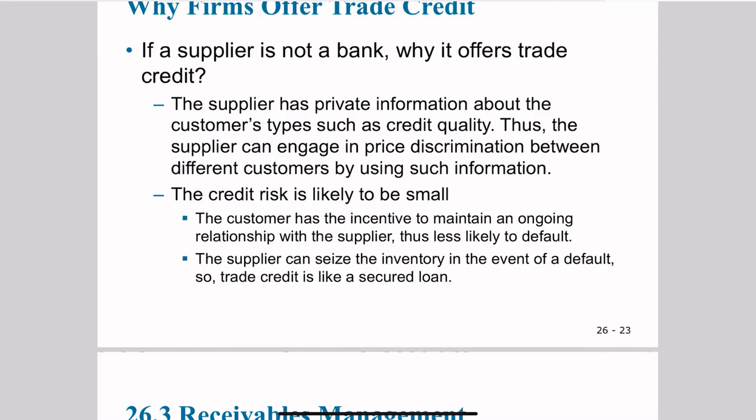So they have the incentive to maintain their ongoing relationship. This means the customer will have very small incentive to default. And another reason is the supplier can seize the inventory of the customer if the customer defaults on the trade credit. So trade credit is essentially like a secured loan with collateral. Thus, it has small credit risk.